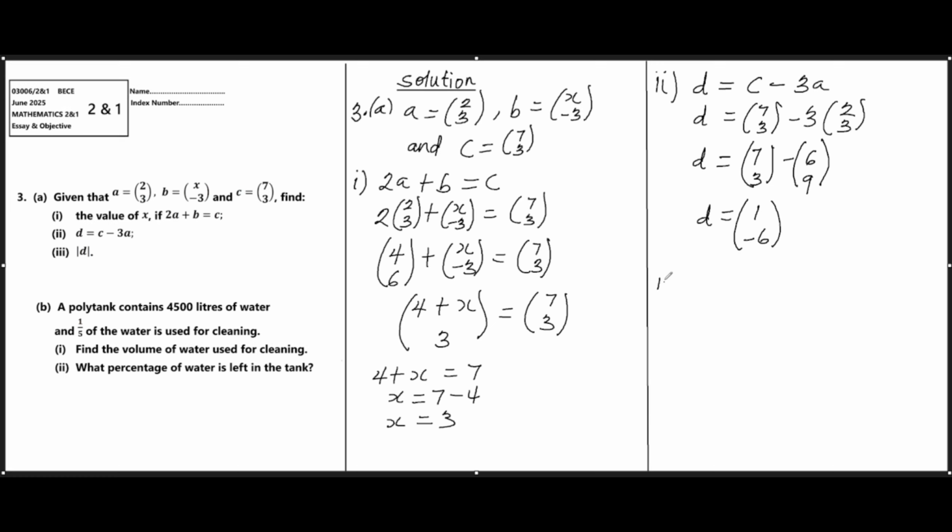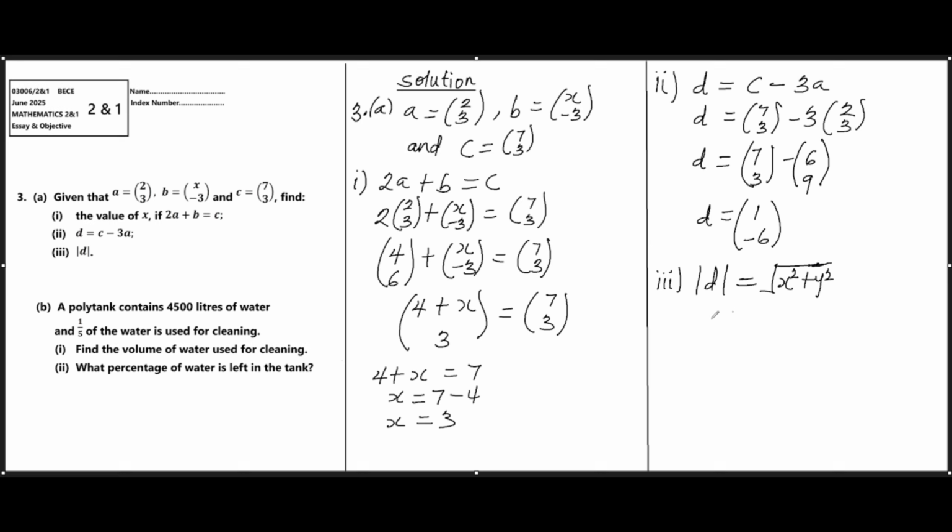Now we have to find the magnitude of vector d. In other words, the length of vector d. So the magnitude is given by the formula, the square root of x squared plus y squared.